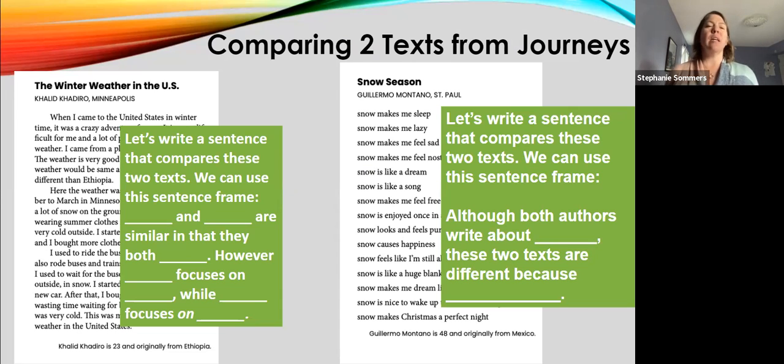And one of the things I like about using these frames is if your students can get used to them, they could use something like this for setting up an introduction to a GED style argument where they have to talk about 2 texts. And so if they can get used to referring to texts by their titles, for example, then that is a skill that hopefully they can transfer over to the GED.